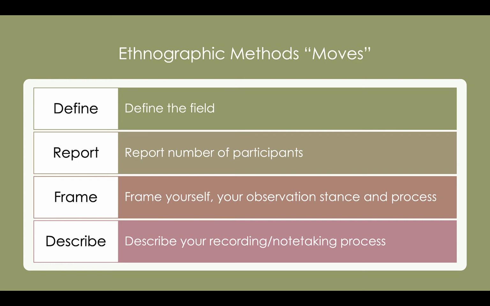Then you want to frame yourself. What I mean by that is not just acknowledging that I was a participant observer, which you should do, but also where you were positioned in this social interaction. Were you completely outside just taking notes in real time?